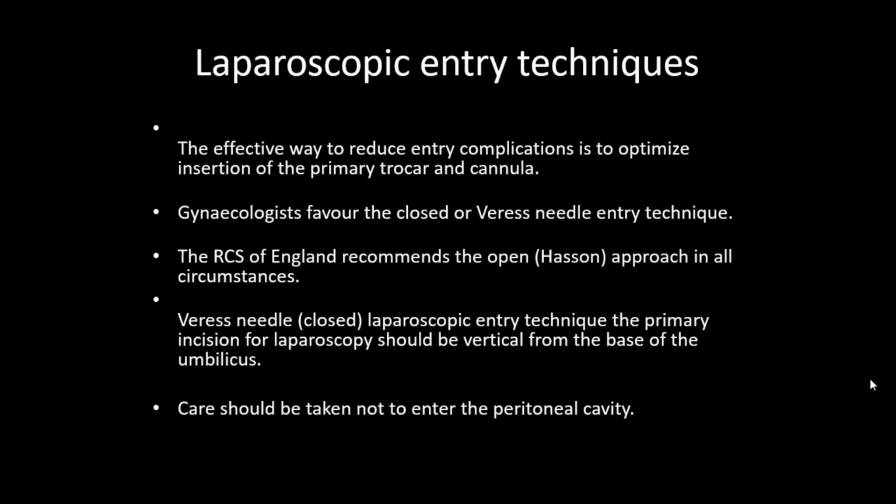It's a mini laparotomy incision in the same site of the Veress needle closed technique port insertion, sub-umbilical at the base of the umbilicus, and then you will get inside the intraperitoneal cavity by a mini laparotomy surgical steps. You will open the subcutaneous fat, sheath, muscle, and then get inside.